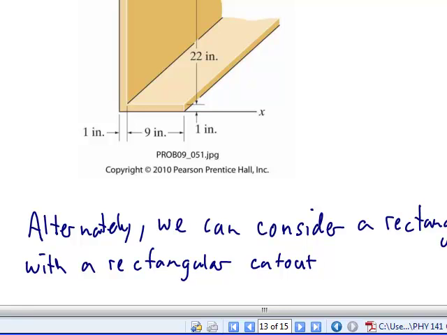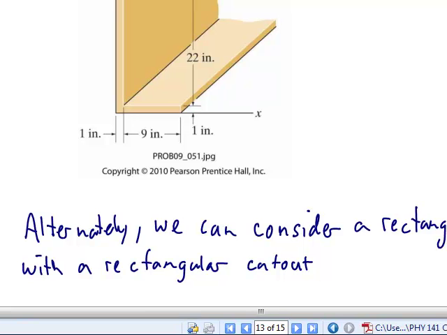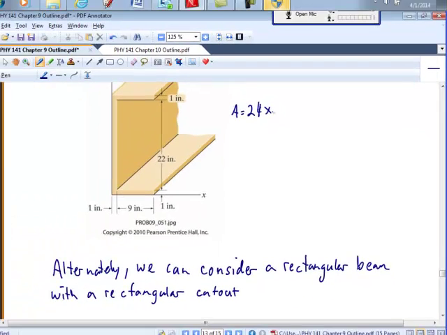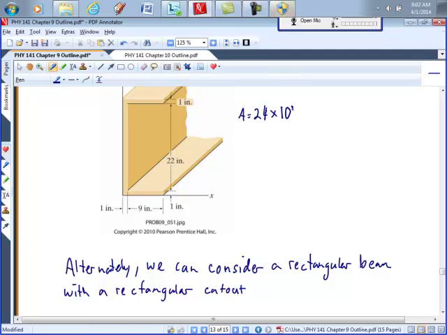So this time I'm not going to call them 1 and 2, I'll call them A and B. So A equals the 24 by 10 inch rectangular beam. B equals the 22 by 9 inch cutout.